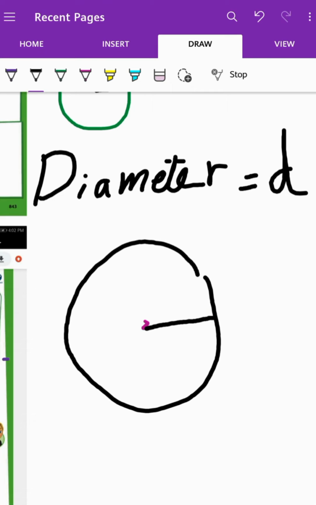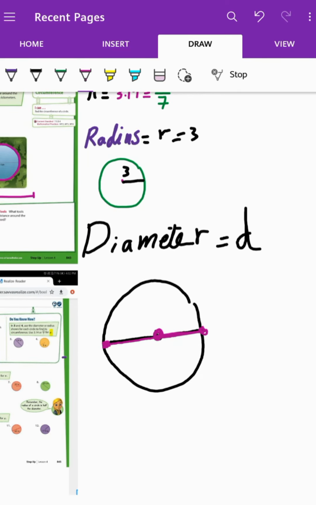If the radius is from here to here, and the radius from here to here, the diameter is the full distance, the distance between 2 points on the circumference, but under one condition, it must pass through the center. So you see this is the radius and this is the diameter.